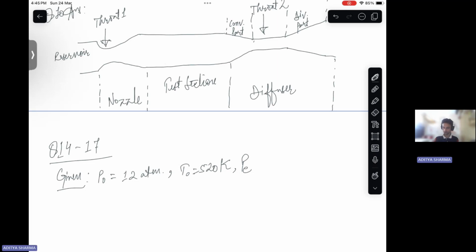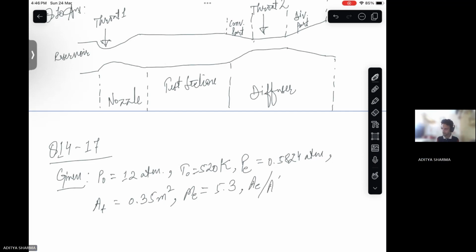P exit has been given as 0.525824 atmosphere. And the throat area has been given as 0.35 meters square. Exit Mach has been given as 5.3, and exit area to throat area has been given as 22, right?